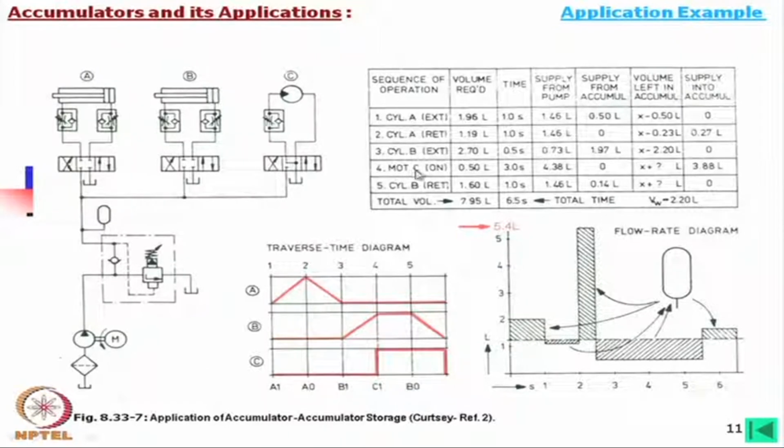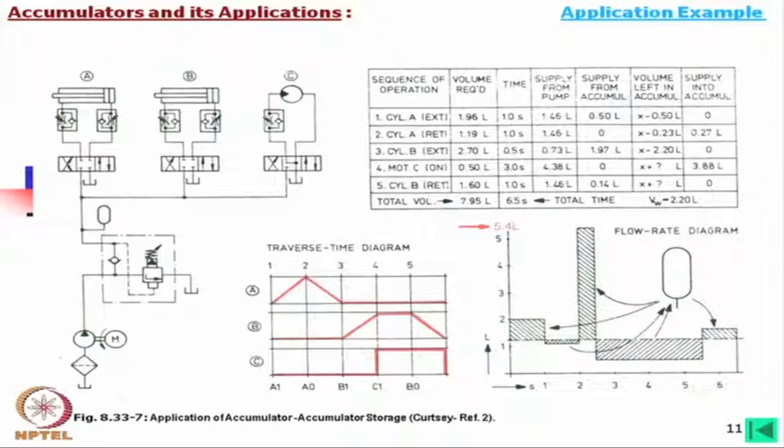In case of C, the motor is running, 0.50 volume requirement within 3 seconds. So, supply from pump is 4.38 liter, supply from the accumulator is 0, and the volume left in accumulator is unknown because 4.38 liter is being pumped.